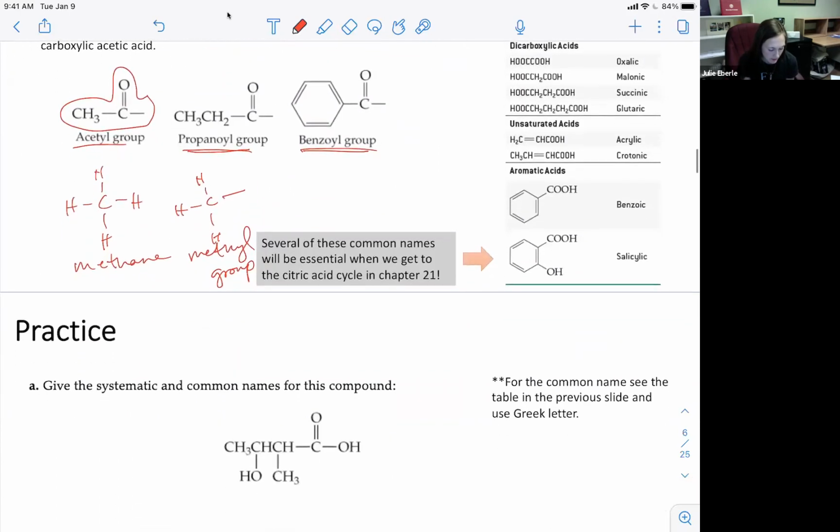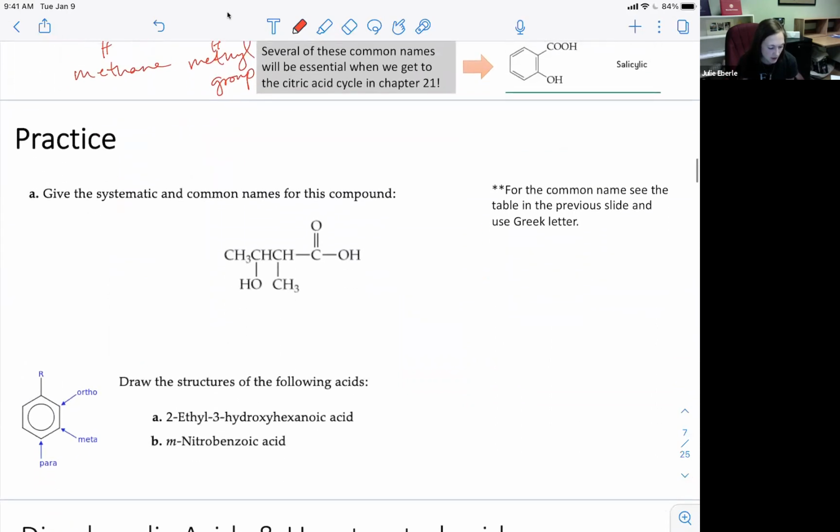All right, let's do some practice. I want you to give the systematic and the common name for this compound. This is a carboxylic acid, and I see two substituents here. Do the systematic name first, and then we can work through the common naming together.